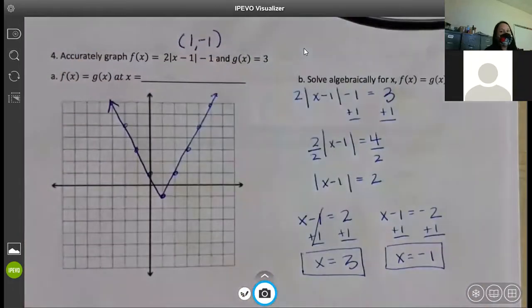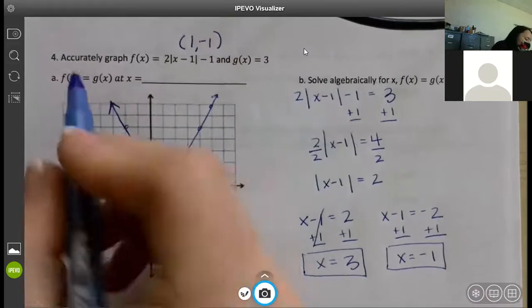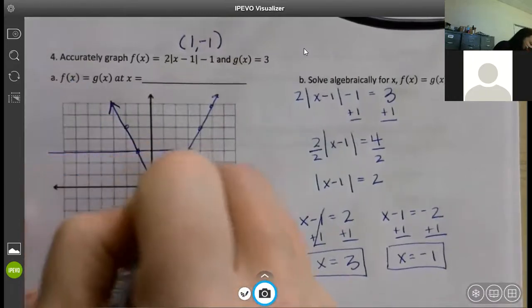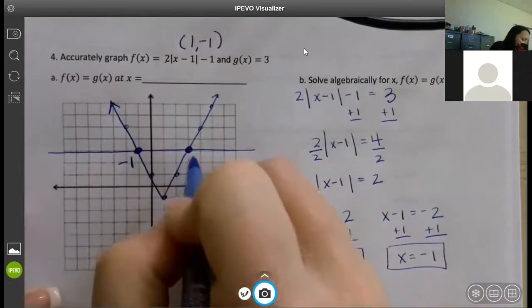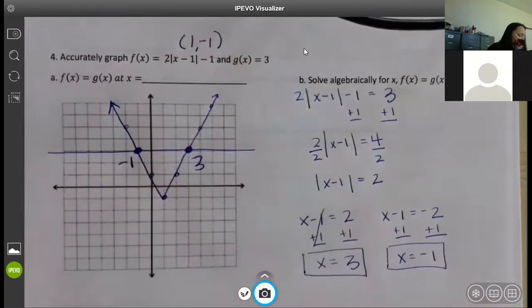Like this. And then we cross at 3, our g of x. So here's your first coordinate at negative 1, and your other cross at 3. Any questions?